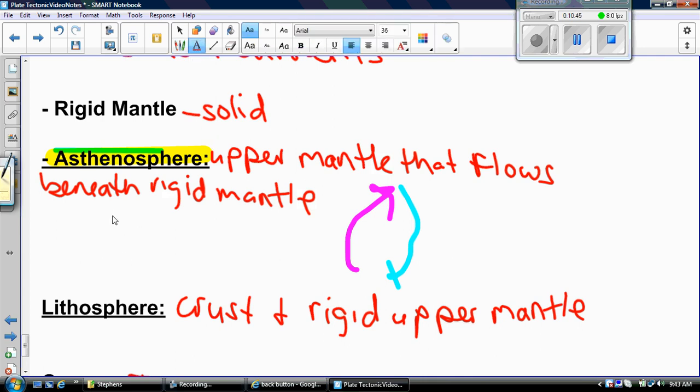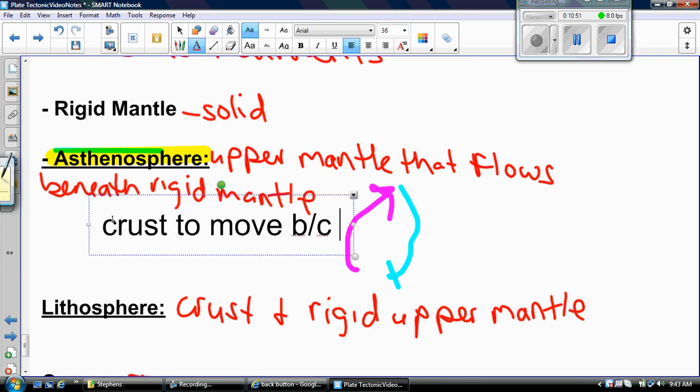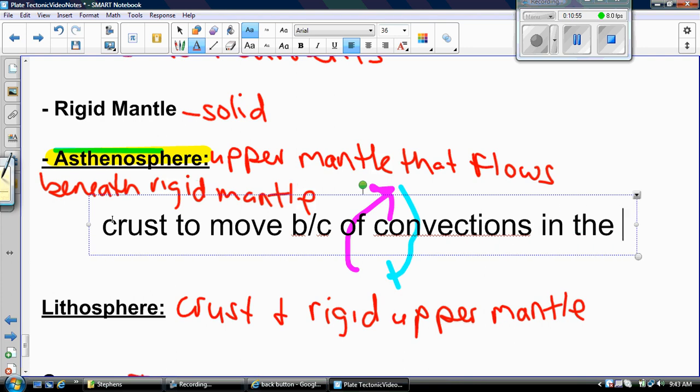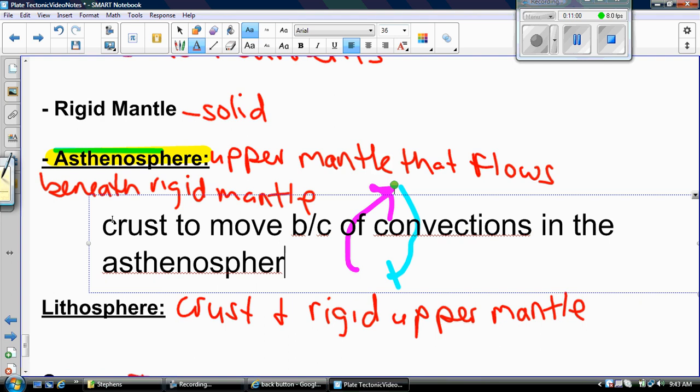So you might want to make sure you add right here, this is what's causing our crust to move because of convection currents in the mantle or in the asthenosphere. Convection currents are what's going to create the flow of magma in the asthenosphere, in the mantle. And since our crust sits on the mantle, that's what's going to cause our continents to move.